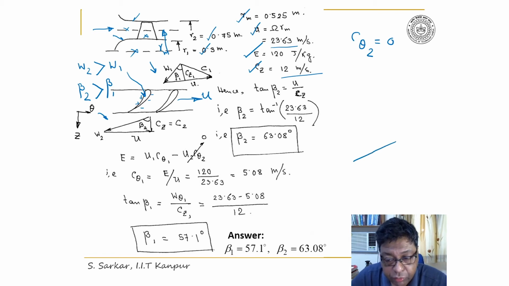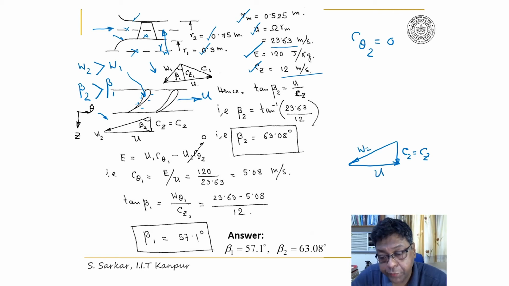So this is W2 and this is U, and this will be Cz or C2. So this C2 will be equal to Cz, and this is W2, and this is U, and this is beta 2.